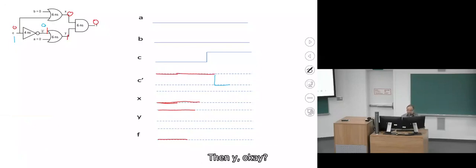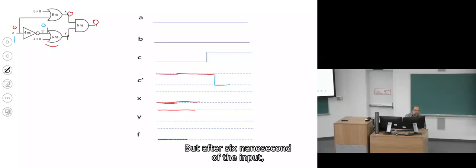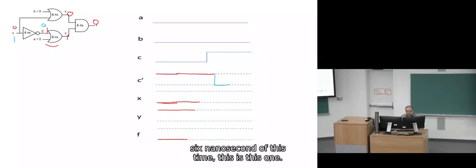Then Y, okay, now look at this gate. It is an OR. It has 0 and 0, so the output would be 0. But it is 6 nanoseconds after the input became 0, so Y changes 6 nanoseconds after this time.